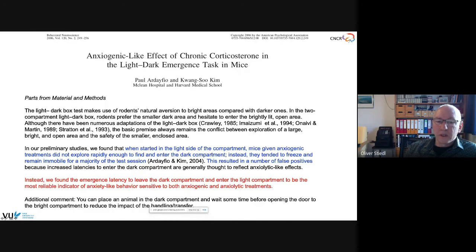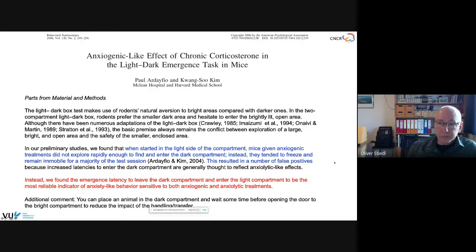And therefore, the recommendation is, start out the animals in the dark compartment, contain them for some time, because you can now also habituate them to the environment, so that after the handling they are not too aroused, and then open the door so that they easily get that there is a light coming in, and now you measure the emergence from the dark compartment into the bright compartment.